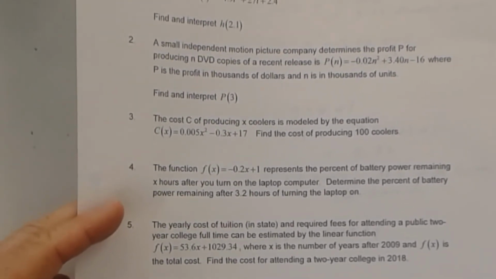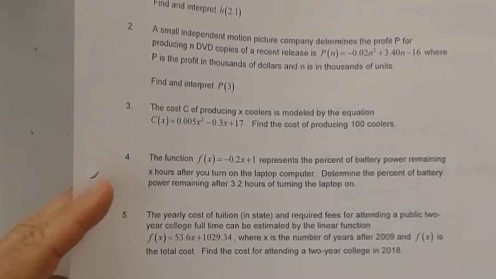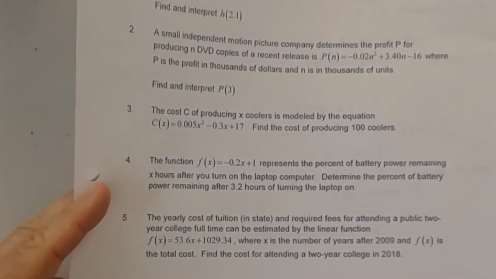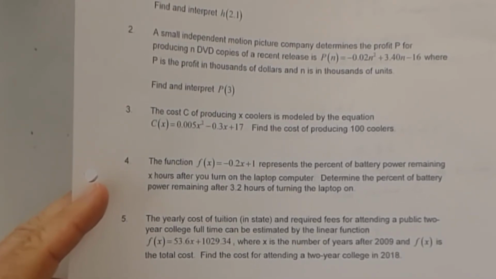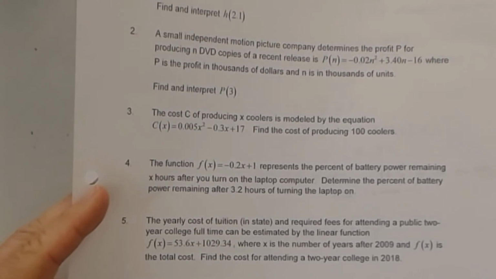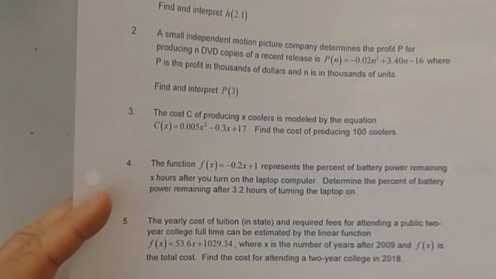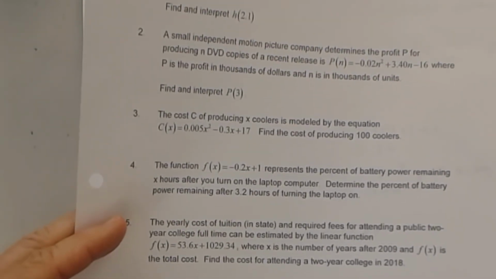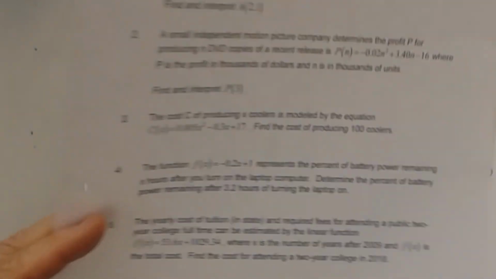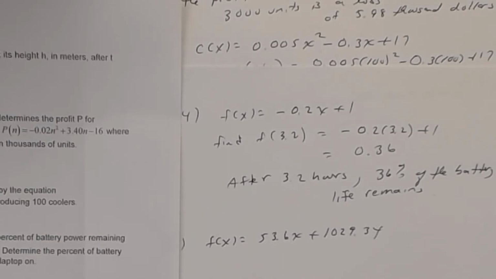So x stands for years, but it's the number of years after what year? 2009. And f of x, remember, stands for y if you want to think of it that way, and is the total cost. The question is, find the cost for attending a 2-year college in 2018. So in 2018, what was the cost? What does x represent?